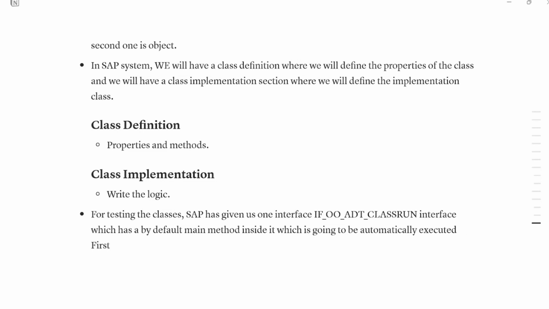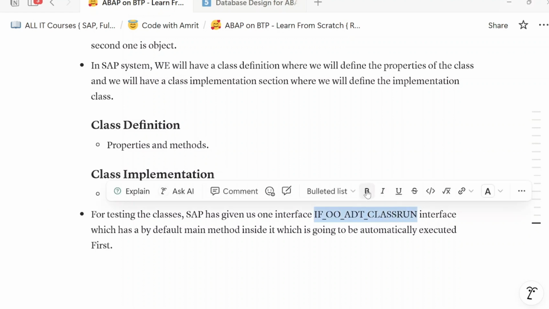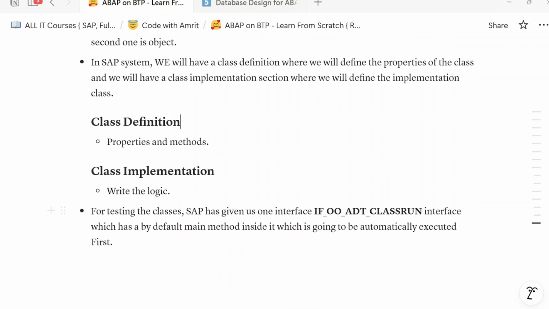That's how a program is created inside the ABAP system. So again, so many things are there, we can't cover each and everything, so we will go step by step.